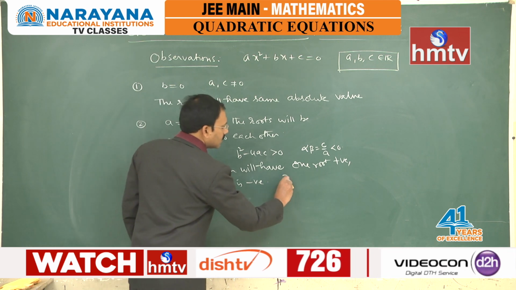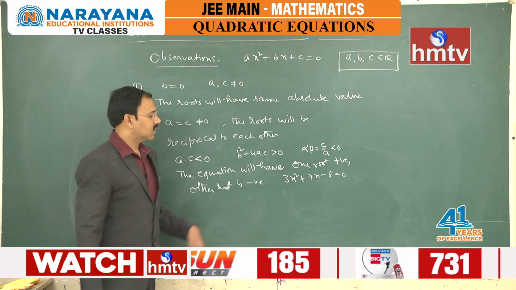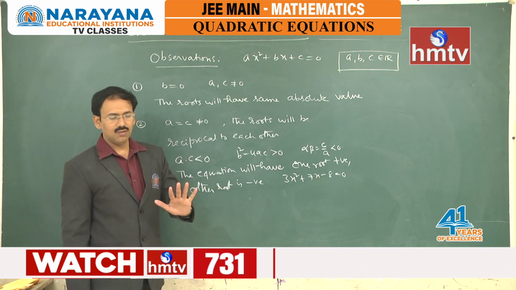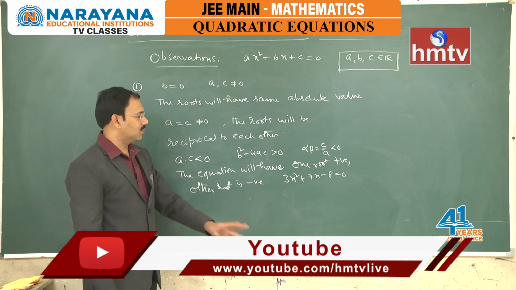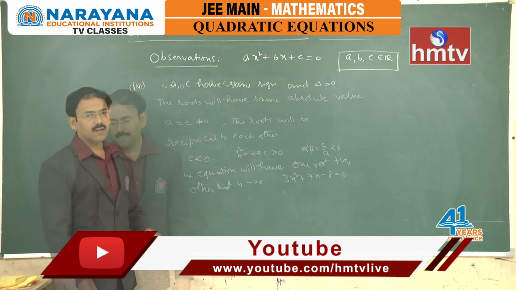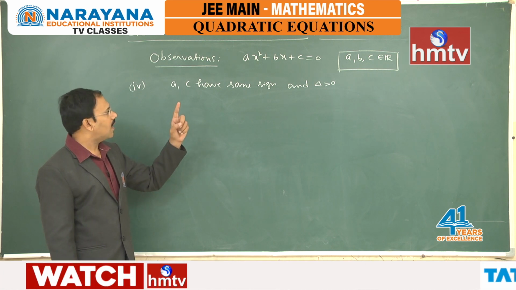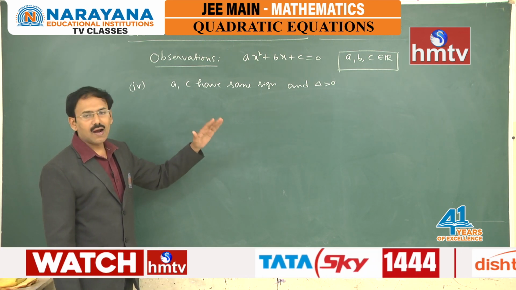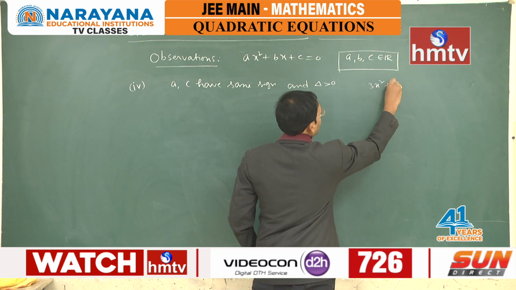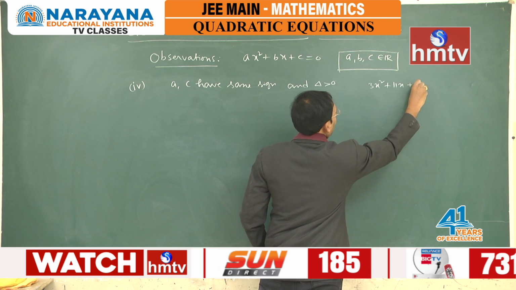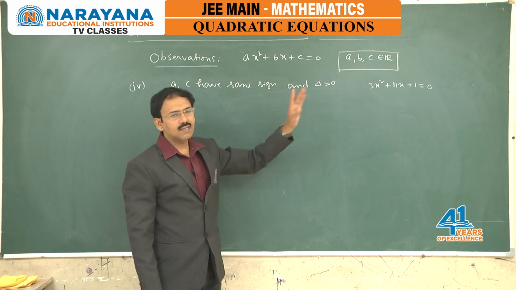Like 3x square plus 7x minus 8 equal to 0: delta will be positive, so real roots, and the product of the roots is negative, and hence one positive and one negative root. Now, for the same quadratic equation, if a and c have the same sign and delta is positive, like 3x square plus 11x plus 1 is equal to 0, a and c have the same sign and delta is positive.